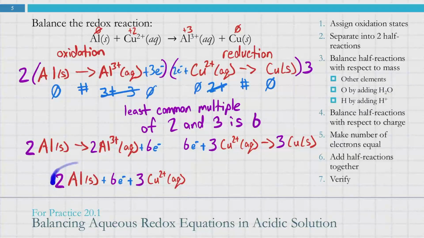So you can write the aluminum on the left, because that's the thing that we had on the left. You can write the electrons on the left, and then the aluminum, and then the copper. You can do it whatever order you want, just as long as you don't get the left side and the right side mixed up. And this is going to go to everything that's on the product side.